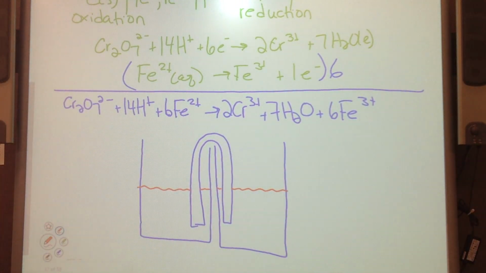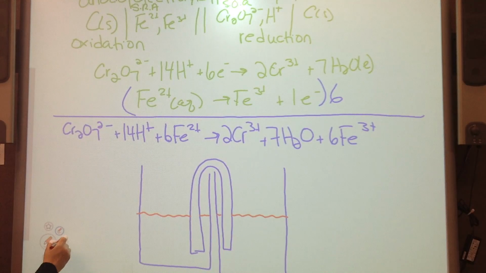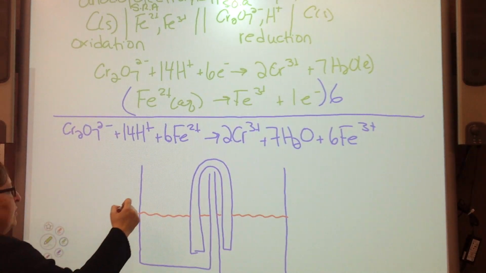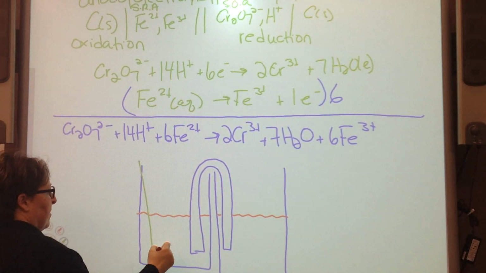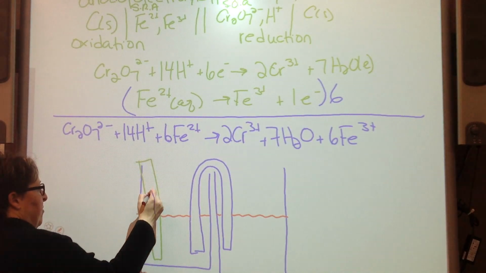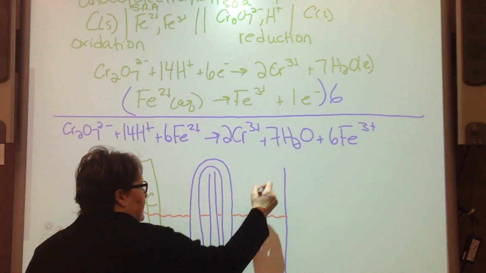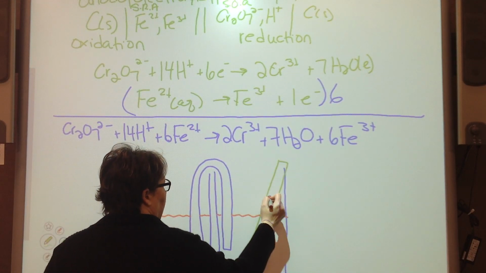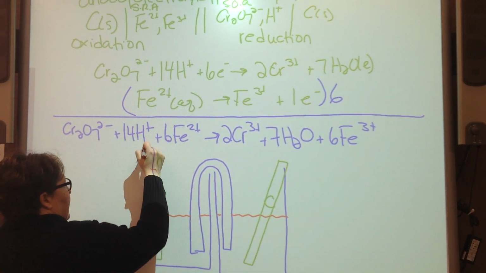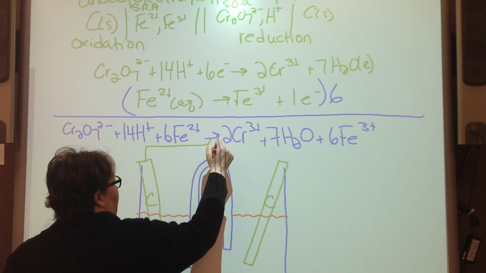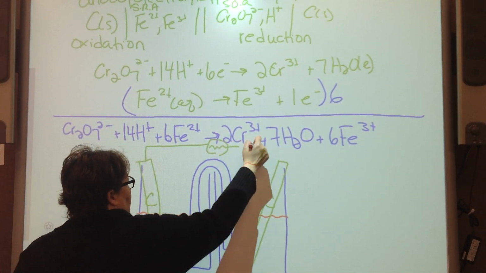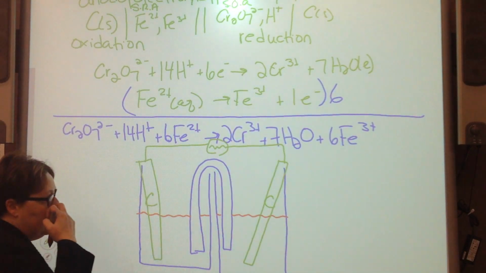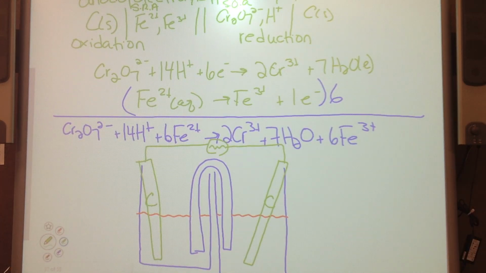And we go back to our cell notation, and it tells us what we need. We need this to be carbon, and we need this to be carbon, and it's got to be connected some way to measure that there's an electrical transfer.